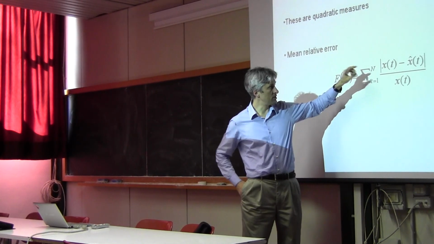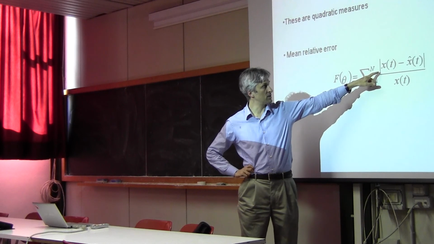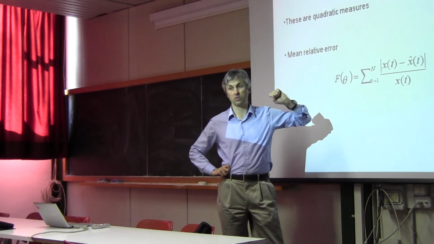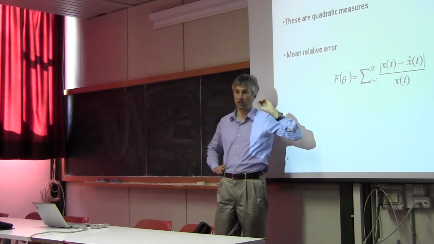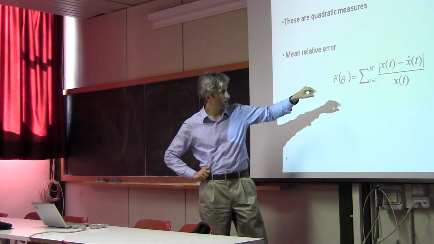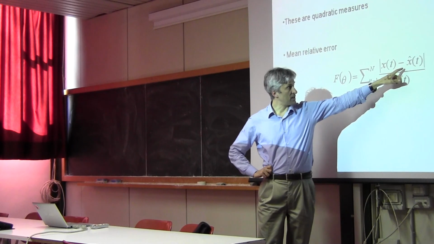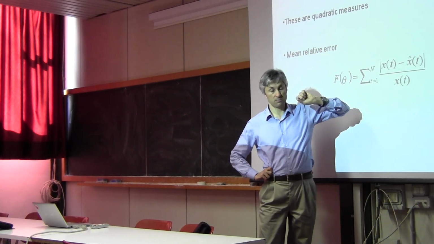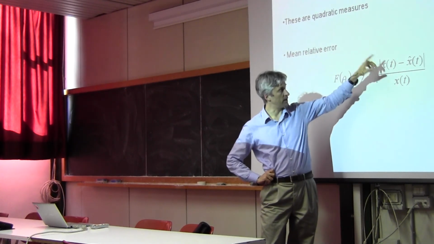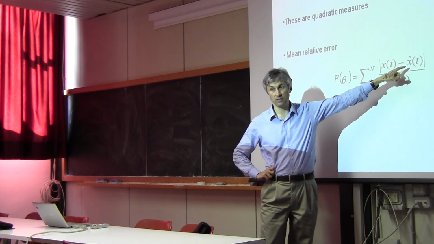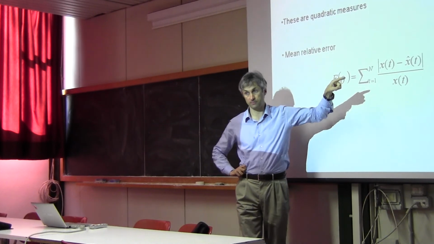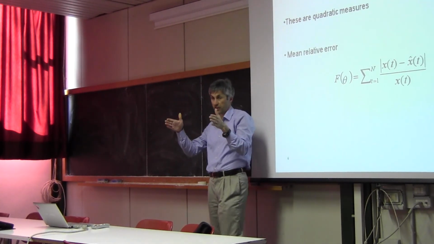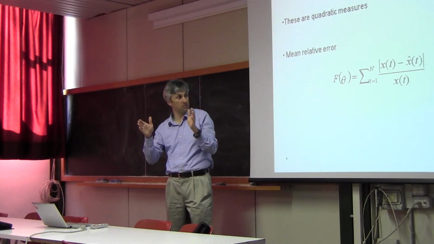I remind you that xt is the variable that is simulated by the model. Typically we are talking about rainfall runoff models, so xt is a runoff, a river discharge. x at t is the value simulated by the model, while xt is the observed value. So it's the difference between observed and simulated.